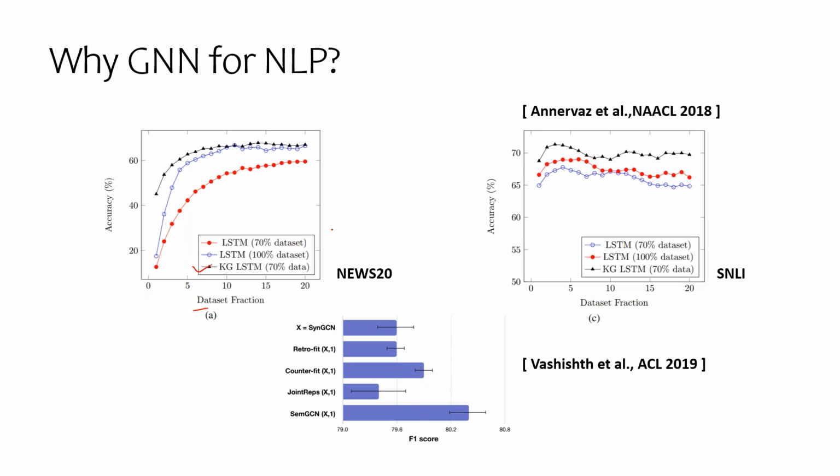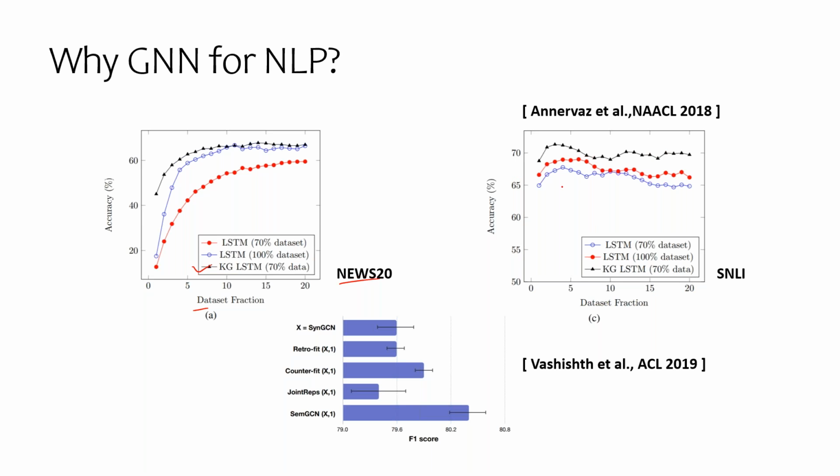That's an indication that with the News20 data set, it's going in the direction of having less data and getting high accuracy. So that is a good sign that we should be using GNN.